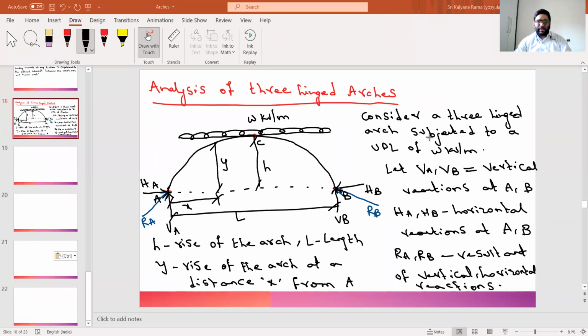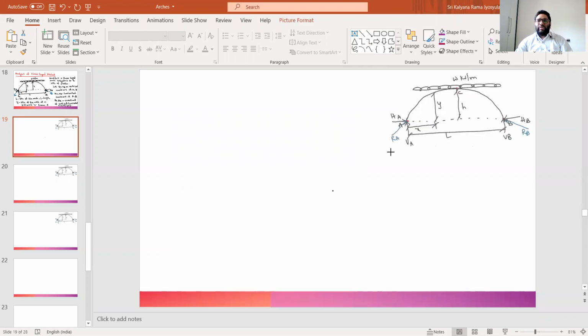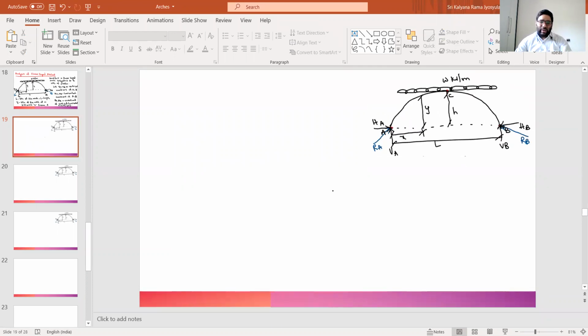So for this specific arch, we need to apply the equation of equilibrium. We have already done this in strength of materials by choosing a specific moment at a joint and going ahead with that. So let us take the first step.